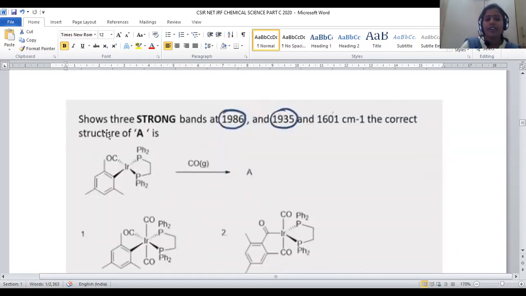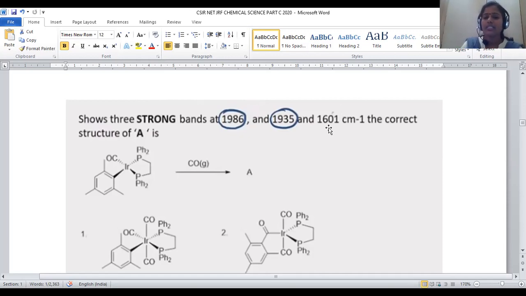In question number 75, again it is a part of spectroscopic analytical method, where 3 different strong bands are observed in the IR spectroscopy: 1986, 1935, 1601 cm^-1. Everybody is familiar with IR spectroscopy, that IR spectroscopy is the fingerprint for functional group identification, right?